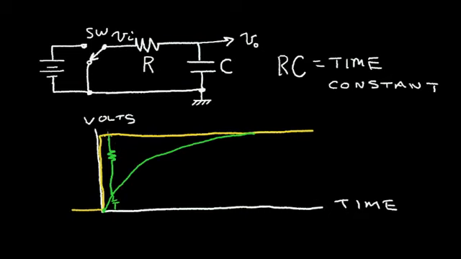So as soon as I throw the switch, the maximum current is flowing in the resistor, but the capacitor is charging up. So at a later time, I'm going to have more voltage on the capacitor, and I'll have less voltage in the resistor. Let's say this is the voltage on the capacitor.